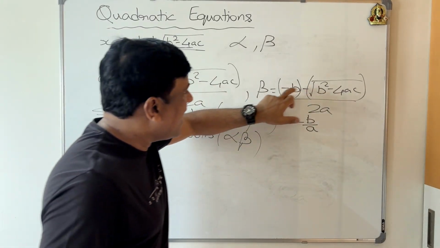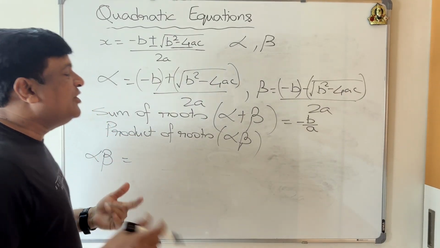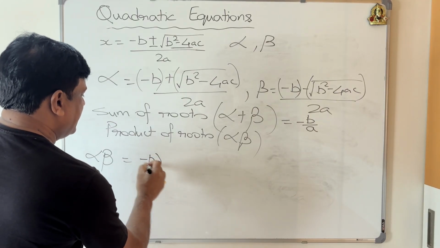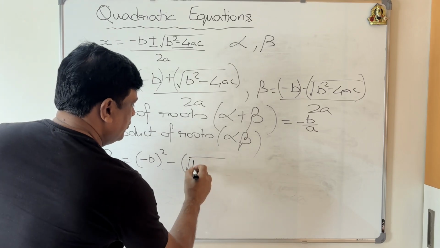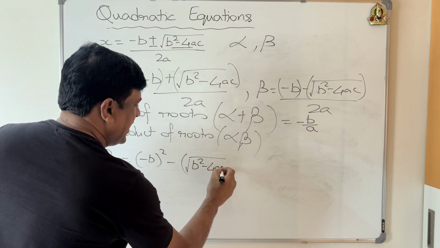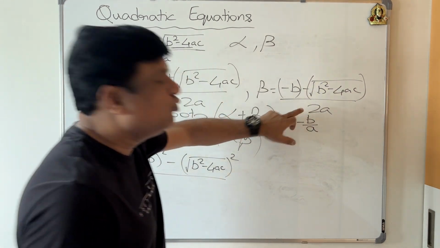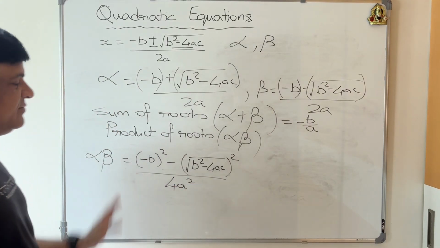When you multiply x plus y and x minus y, you get x square minus y square. So this will become (-b) whole square minus (root of b square minus 4ac) whole square, divided by 2a into 2a, which will give you 4a square. Got it?